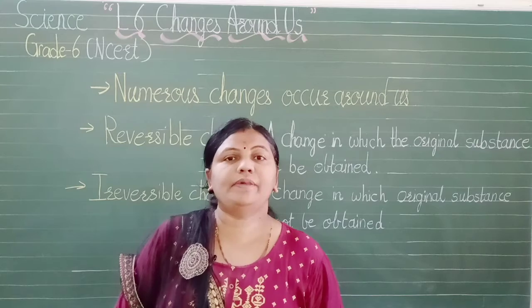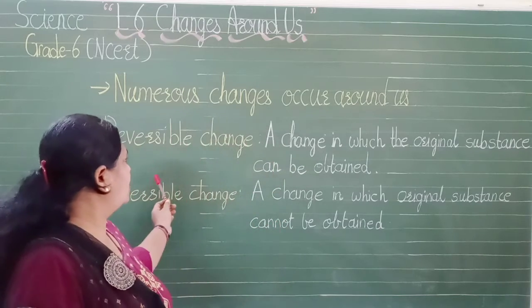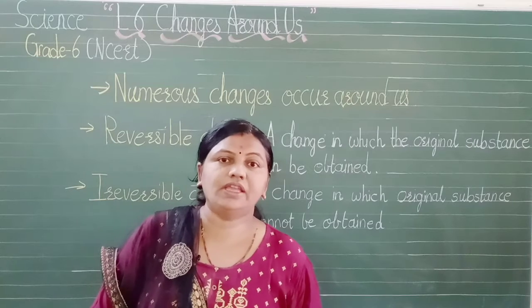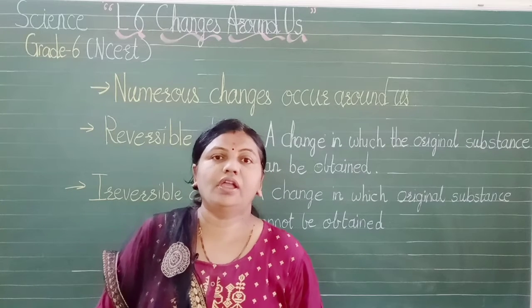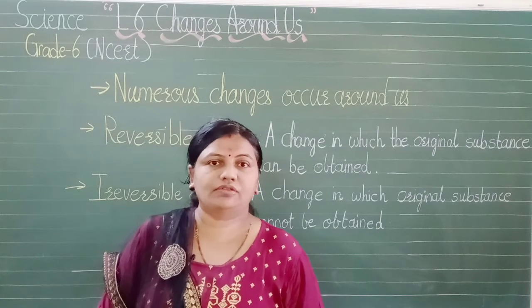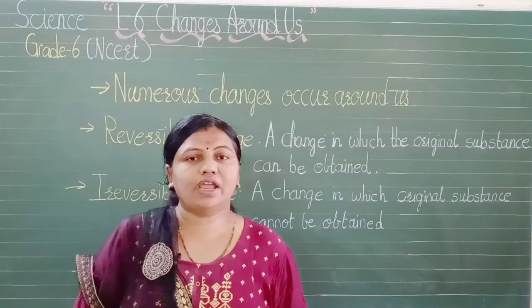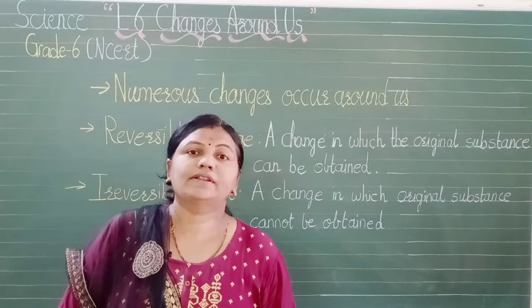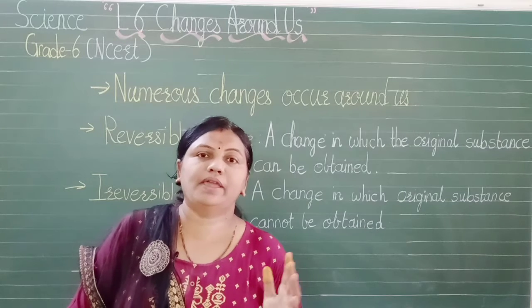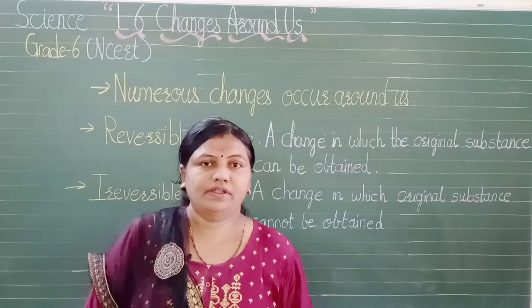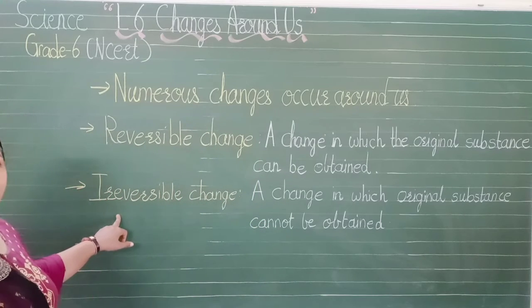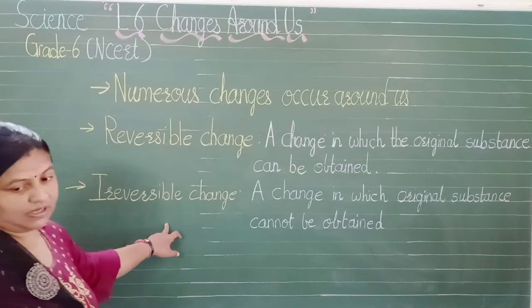So this will also be considered a reversible change, because that chapati is converted into a ball and again you can roll it out. But if this chapati is baked on the tawa, then you cannot change it back to a ball or dough. So such a change will fall into irreversible change.